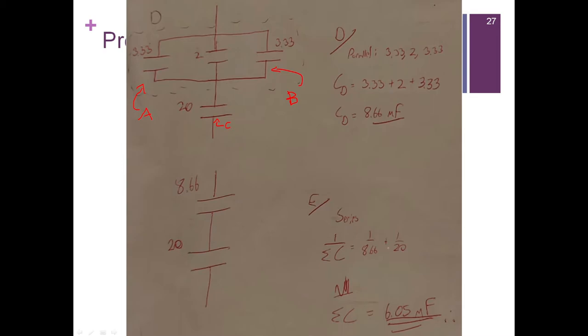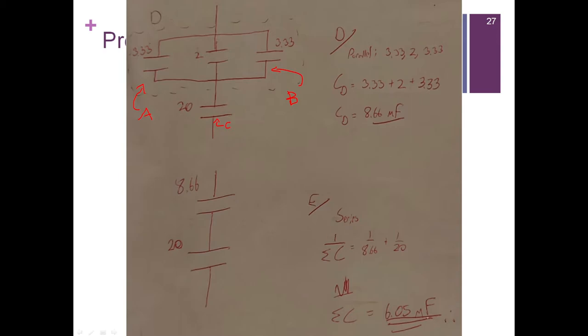Which means we can do the reciprocal math to add them up like they're in series with one another. So 1 over total capacitance is 1 over 8.66 plus 1 over 20. Perform that math and we'll eventually end up with a total net final capacitance of 6.05 microfarads.